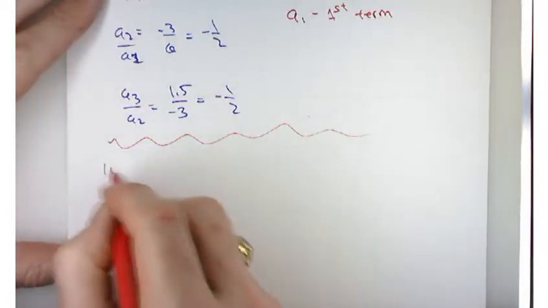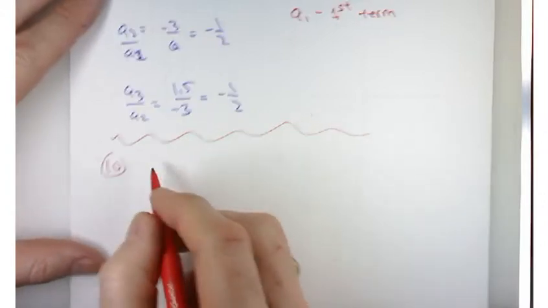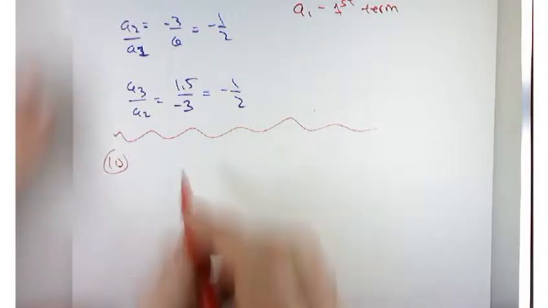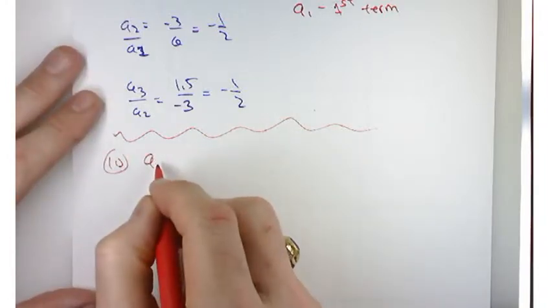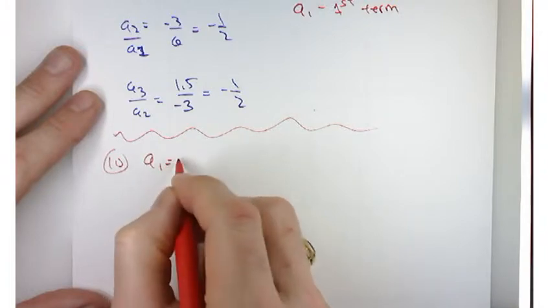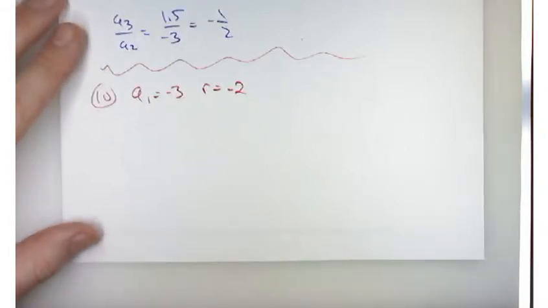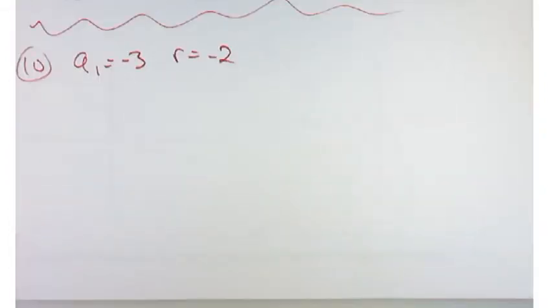And for that, I'm going to look at problem number 10. Problem 10 asks us to find the general term of a geometric sequence with a sub n equals -3 and r equals -2. Okay.